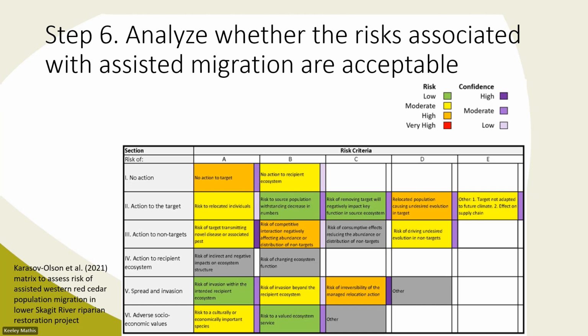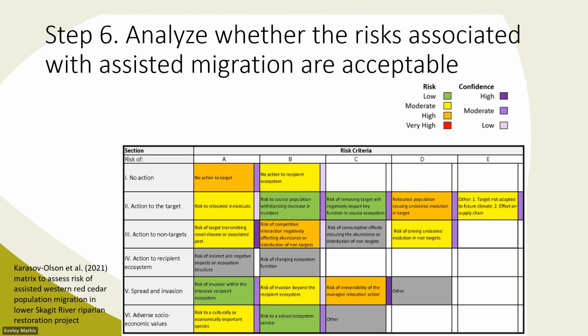There was also a high risk of an action to the target in the case of the relocated population causing undesired evolution in the target. And this is the risk that, like we talked about before, the seed source that I'm moving has low genetic diversity. And then when that population evolves moving forward, you'll kind of form a bottleneck in the population.